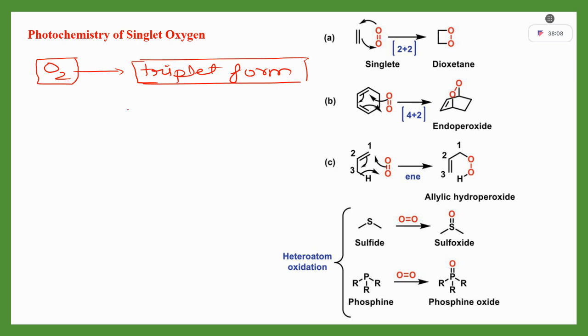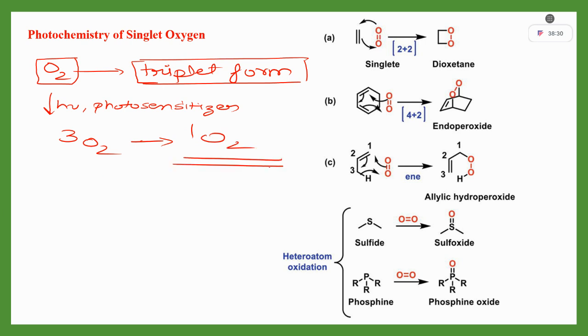So whenever you are dealing with photochemical conditions and a photosensitizer, this triplet oxygen will change to singlet oxygen. Understood? Now it has become reactive for these reactions.